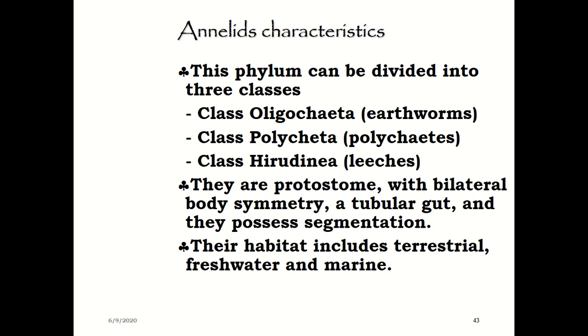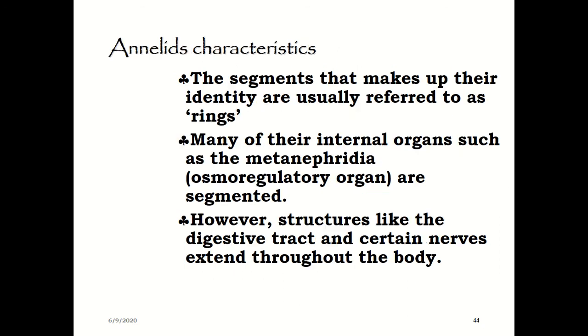So Annelid habitats include terrestrial, freshwater, and also marine. The segments that make up their identity are usually referred to as rings. They form rings in their body.